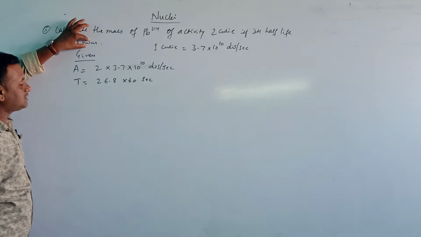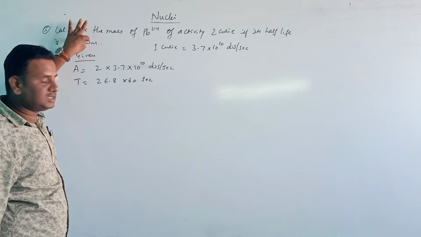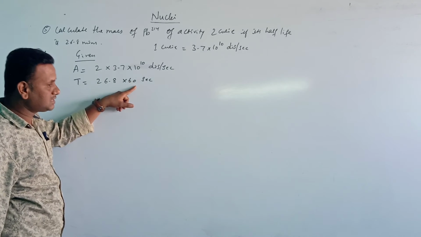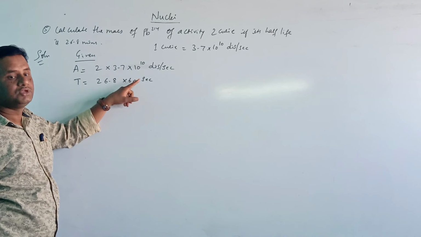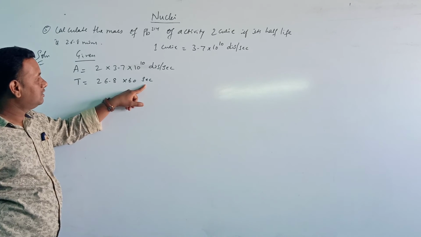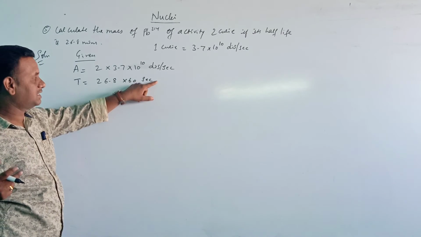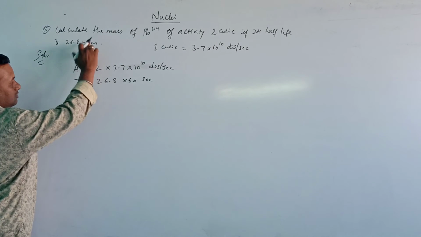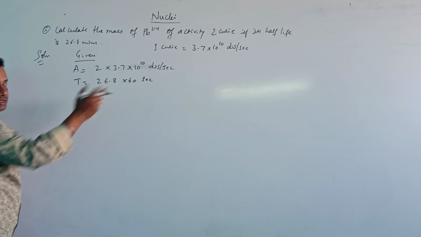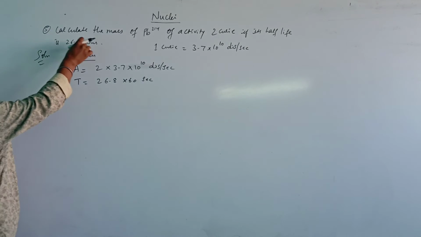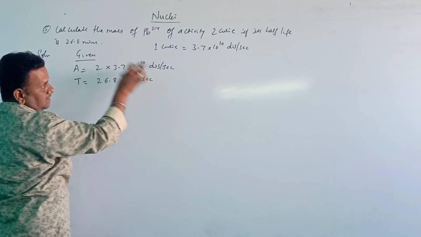If it was years here, what would we do? 26.8 into 365 days, into in 1 hour how many minutes, 60 minutes into 60 seconds. But here it is minutes, so we are converting to seconds. We are not taking the 365 days or 60 minutes also. Directly as given in minutes we are converting to seconds.